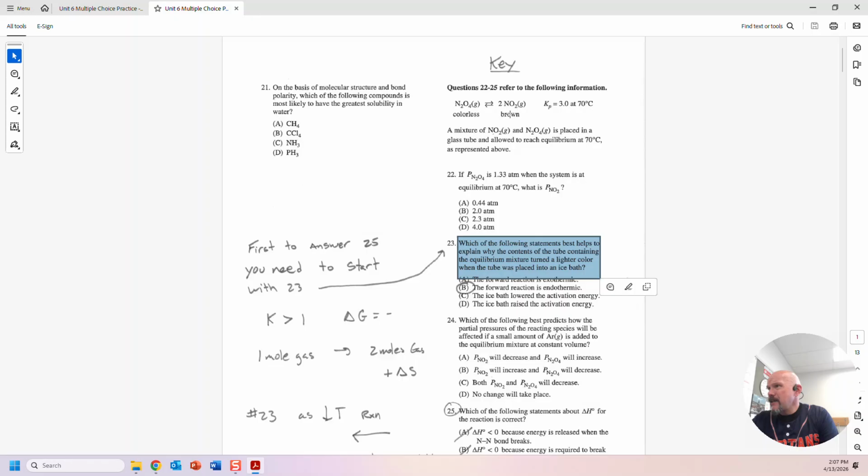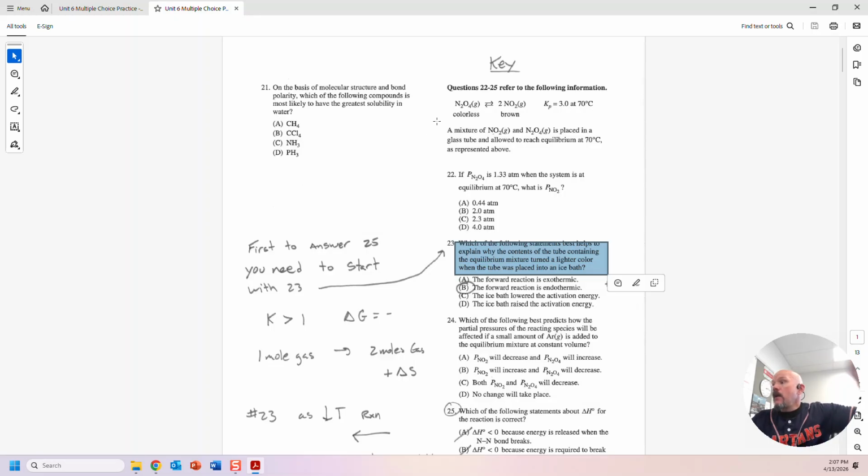You have a colorless gas and then you have a brown gas. If you have more of the brown gas, you're going to be more brown. If you have more of the colorless, you're going to be light brown and more colorless, right? So it said as we decrease the temperature, as we put it in an ice bath, the equilibrium mixture turned a lighter shade of brown. So the removal of heat shifted the reaction to the left, towards colorless.